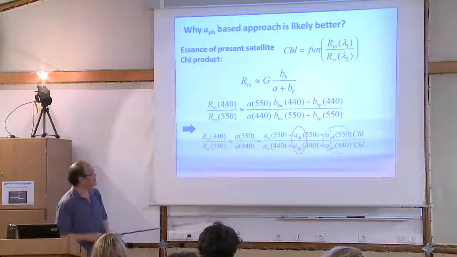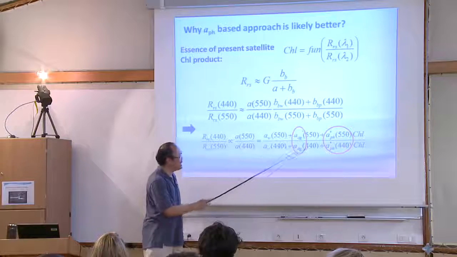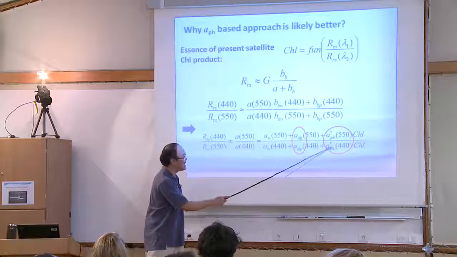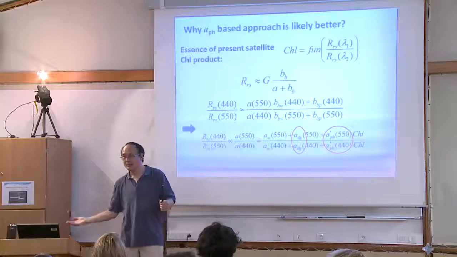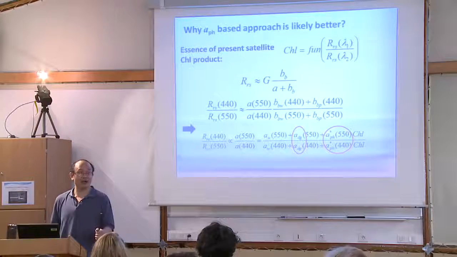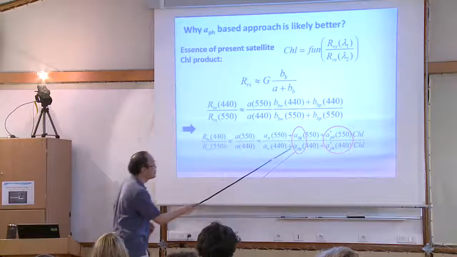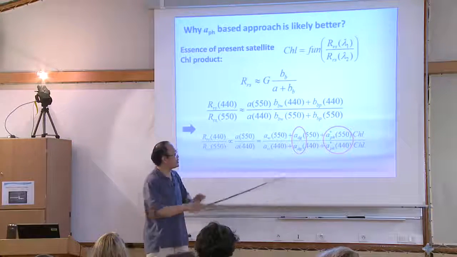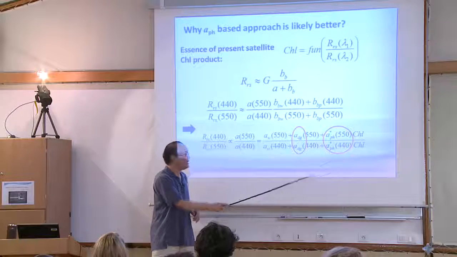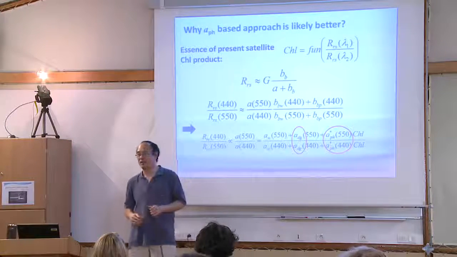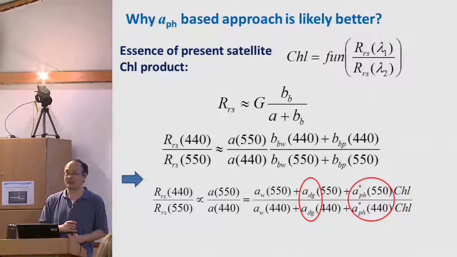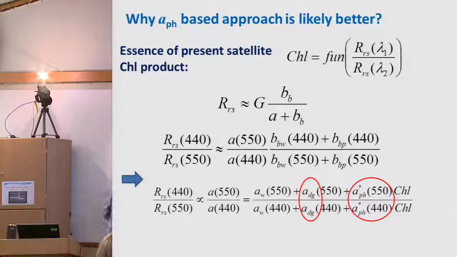But in this ratio, at least we need to know this and this before we can get chlorophyll. But this guy and this guy are variables. They are not constants, and they do not always covary with chlorophyll. If they really covaried with chlorophyll, bingo, it's just one variable, so this ratio can get chlorophyll. But these two, as I have shown a lot yesterday and today, are independent variables. Because they are independent variables, how can we use one ratio to get a good estimation of chlorophyll?